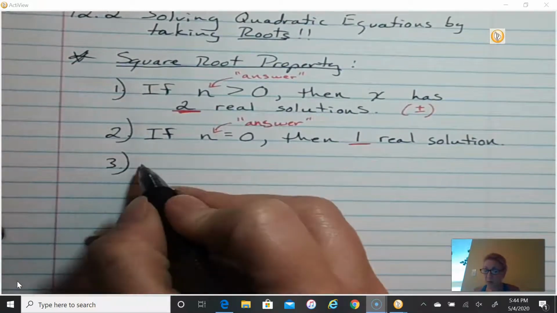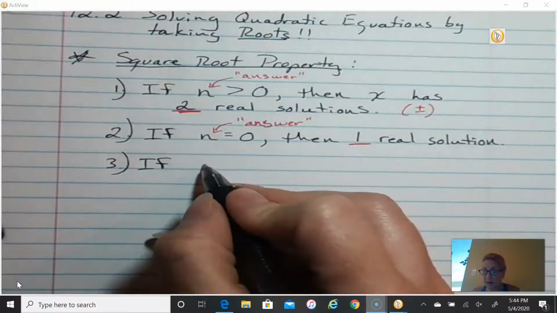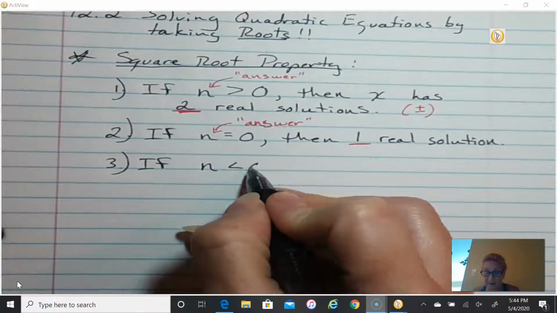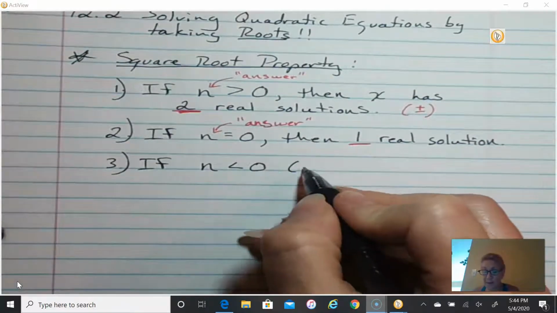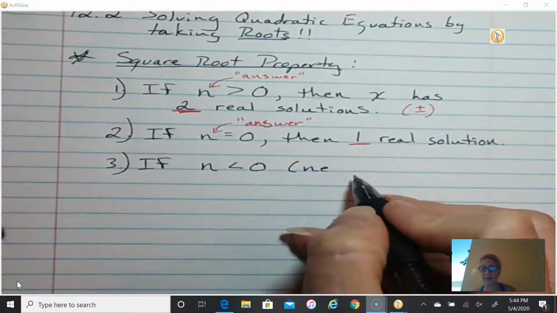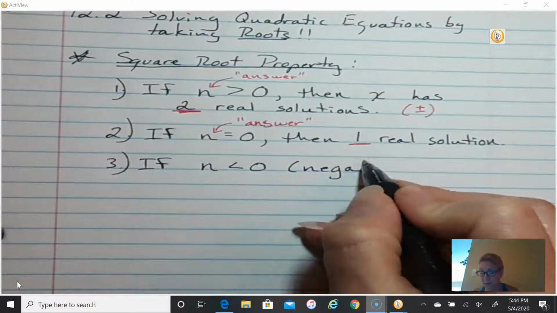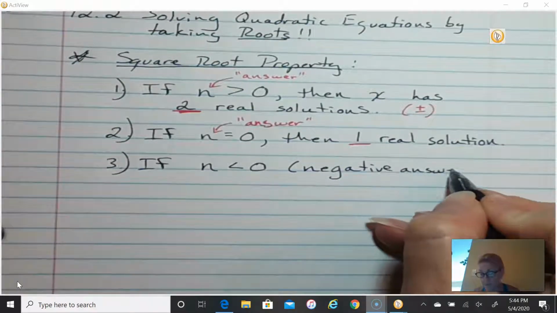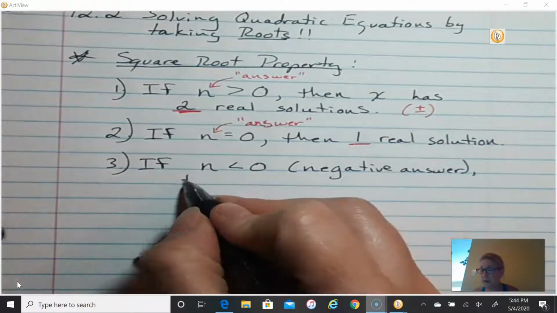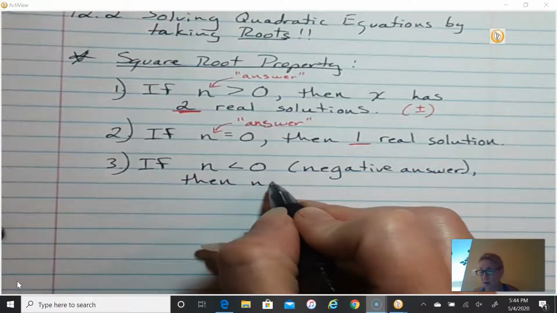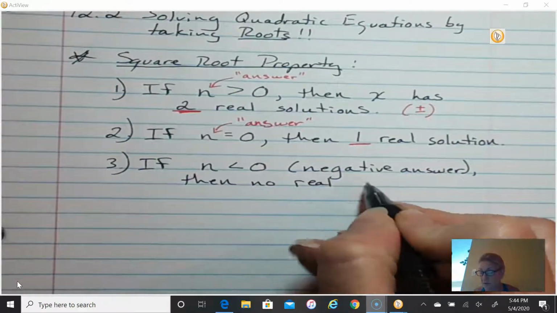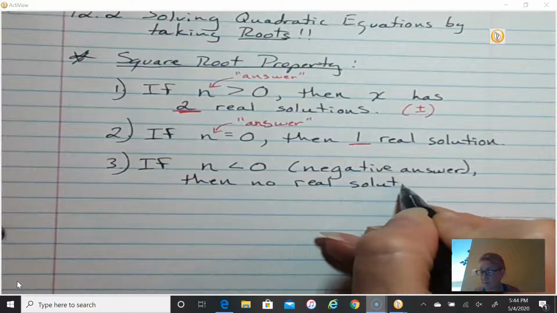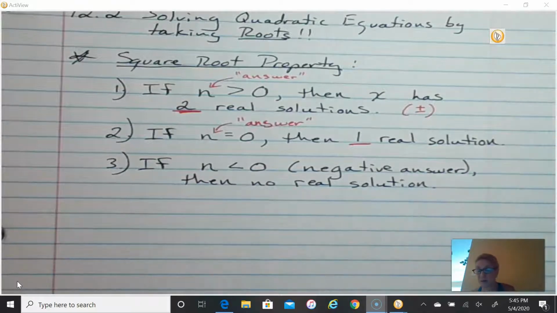And rule 3, if n is less than 0, and that means if it's less than 0, it's negative, right? So if you get a negative answer, then there are no real solutions. That's your answer.